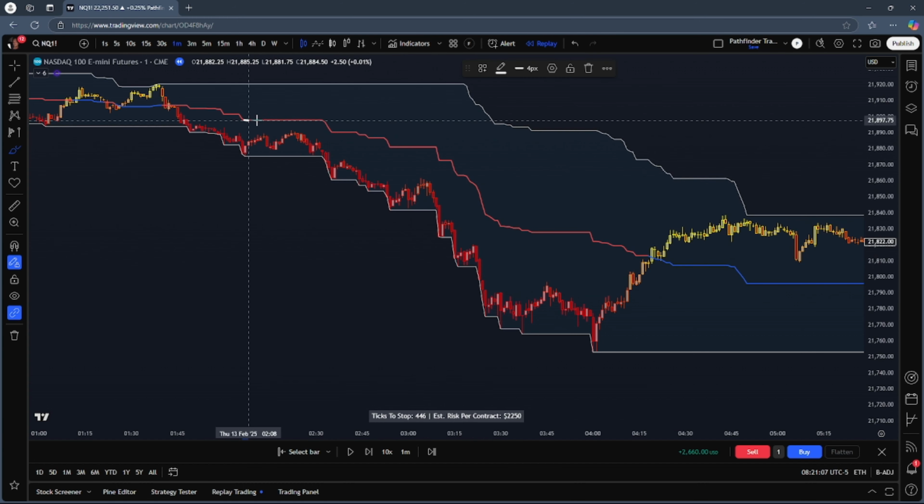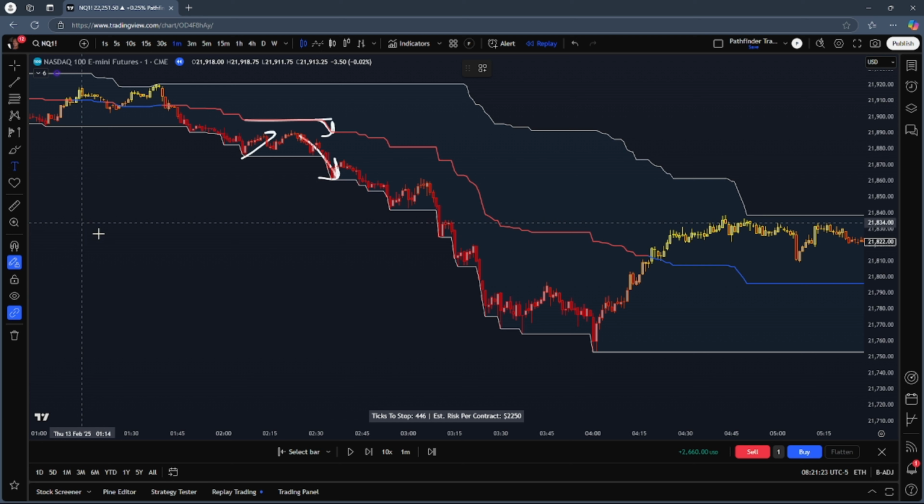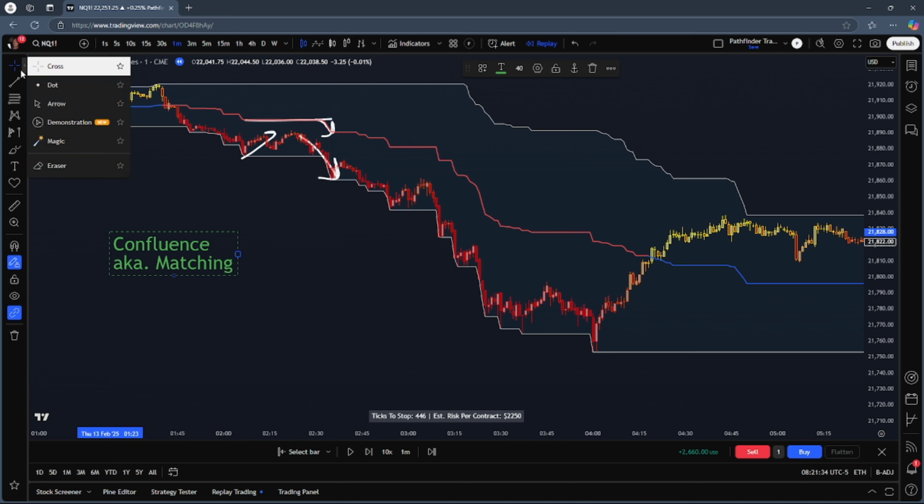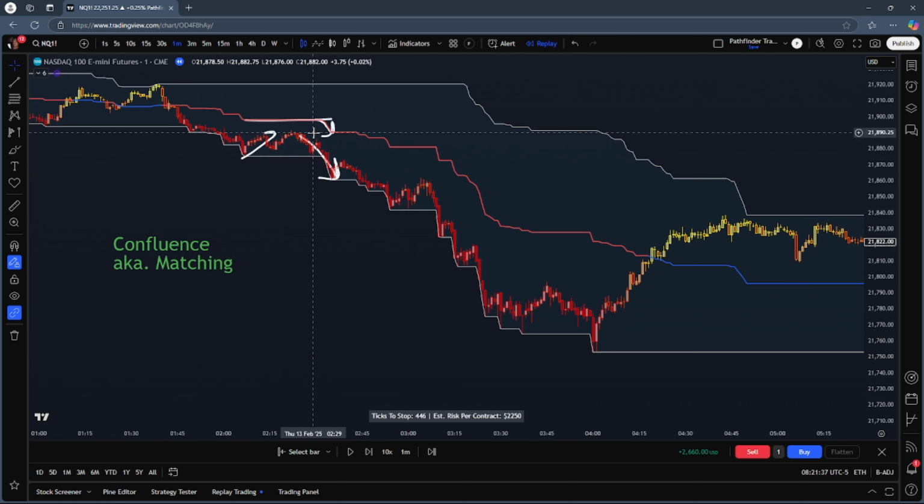When the basis goes flat and price pulls back, what you want to see is the basis push down and price push down. This is called confluence, okay? Or matching, okay? It's matching the pace, it's matching the trend, the basis is, okay?